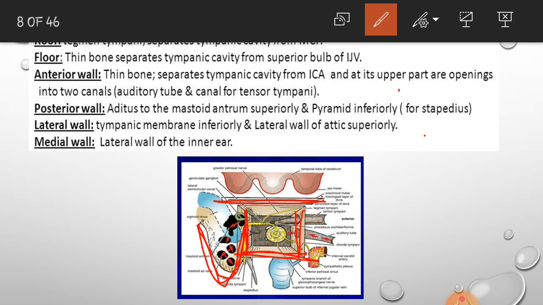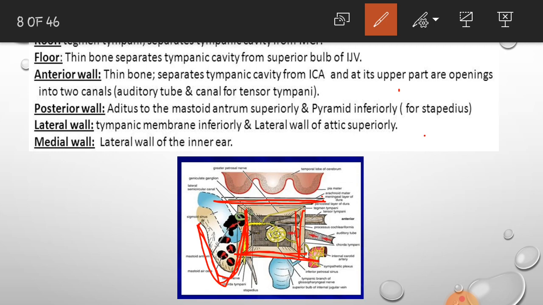The lateral wall, where we are standing right now, is the tympanic membrane. Above the level of the tympanic membrane we have the lateral bony wall of the attic superiorly, and inferior to that we have the tympanic membrane making up the lateral wall.